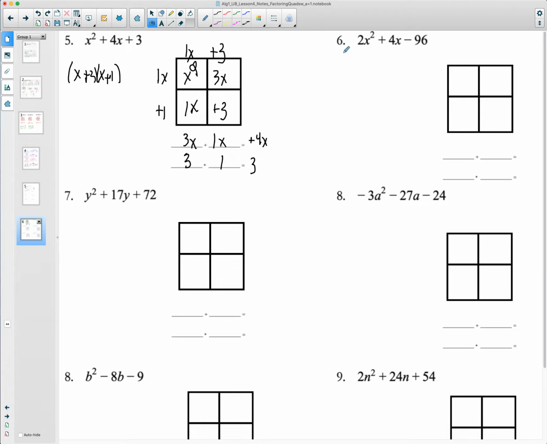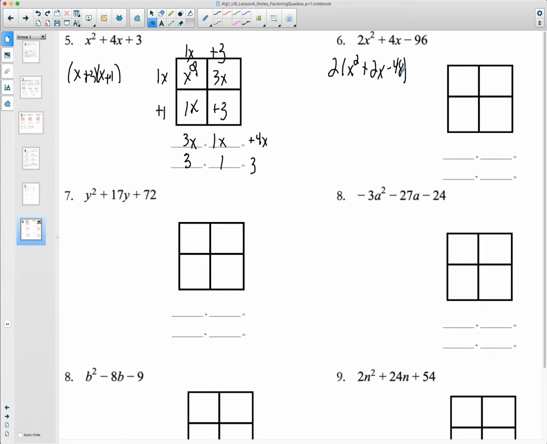All right, now jumping to number 6 over here, there is a GCF here. So hopefully you saw that you could take a 2 out of all 3 of those terms. So if I factor out that 2 or undistribute, I would be left with x squared plus 2x minus 48.